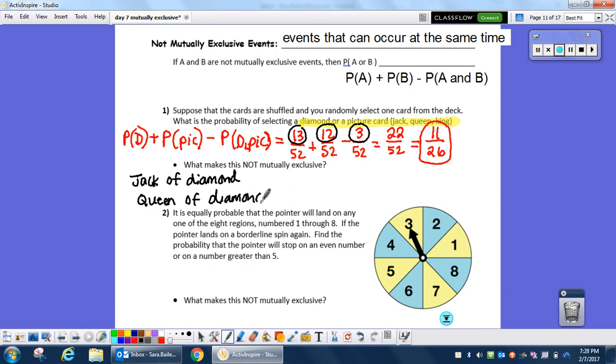And you also have the King of Diamonds. So those are your 3 overlaps, because they're a diamond and a king or a picture card. Okay?